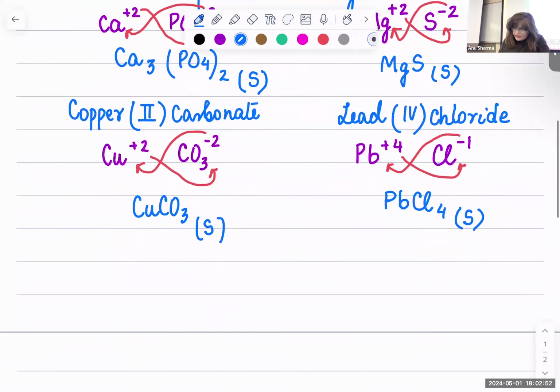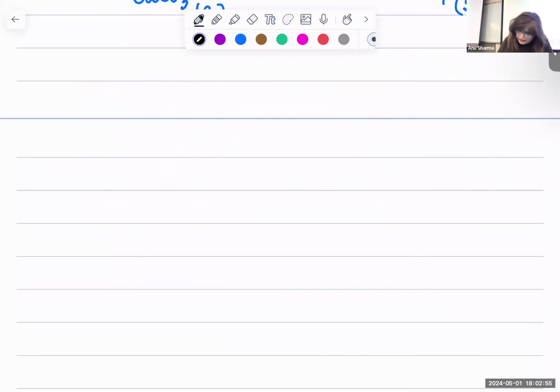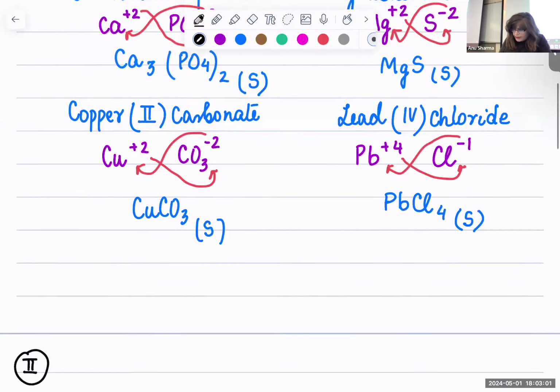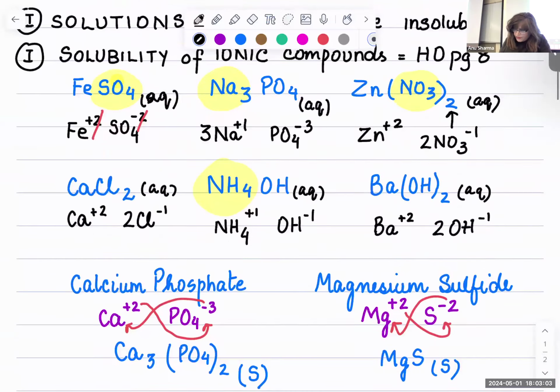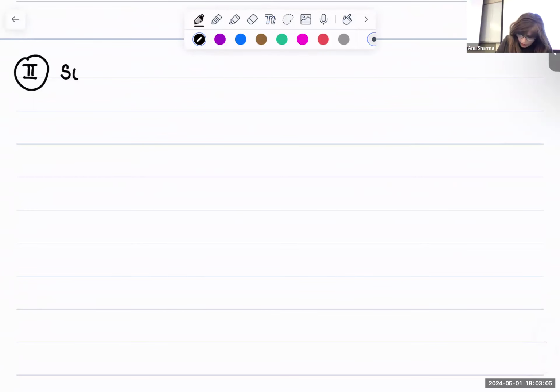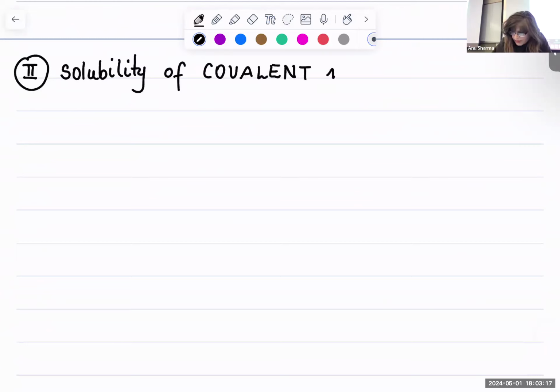Now, next thing is, if you are given another type of question, which is based on the solubility of covalent compounds. Solubility of covalent compounds. Now, covalent compounds are also called molecular compounds, just for differentiation.